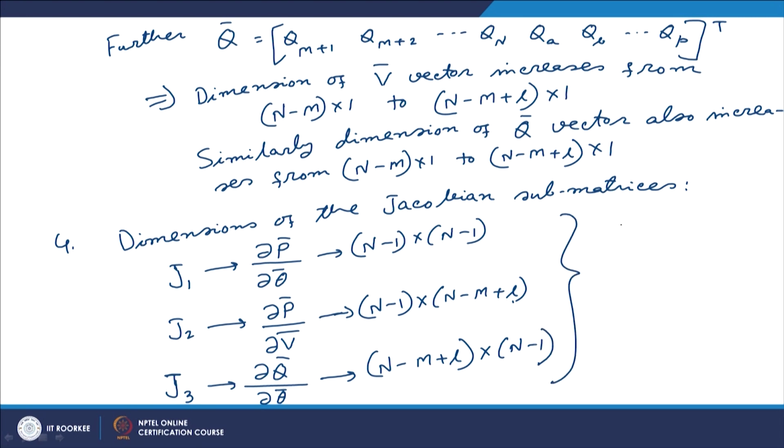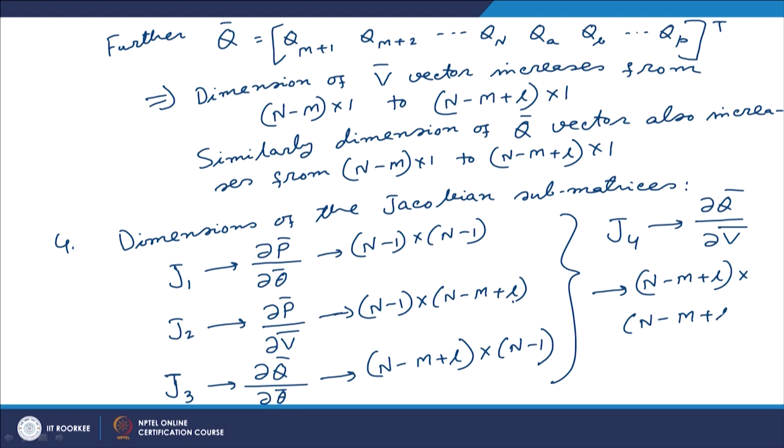And what happens to J4, that is del Q by del V? That becomes n minus m plus L cross n minus m plus L.